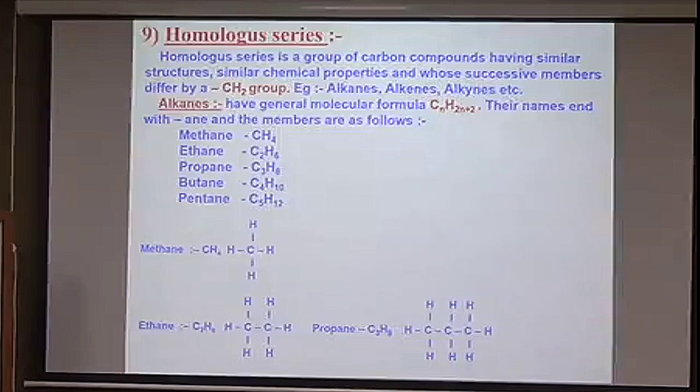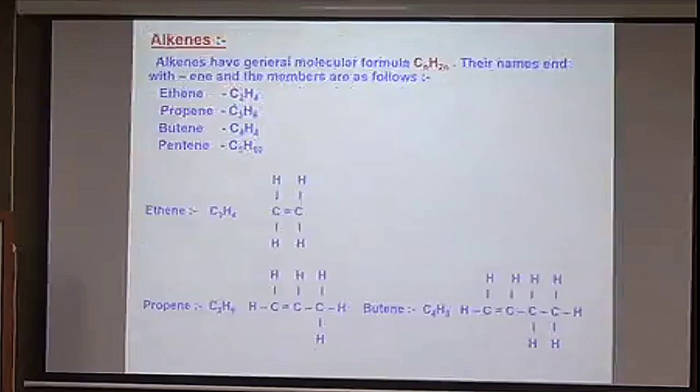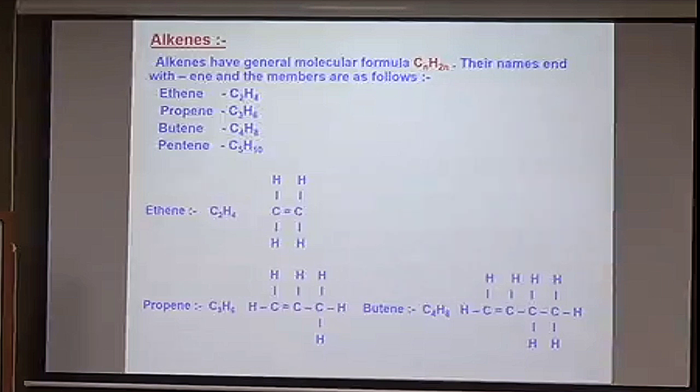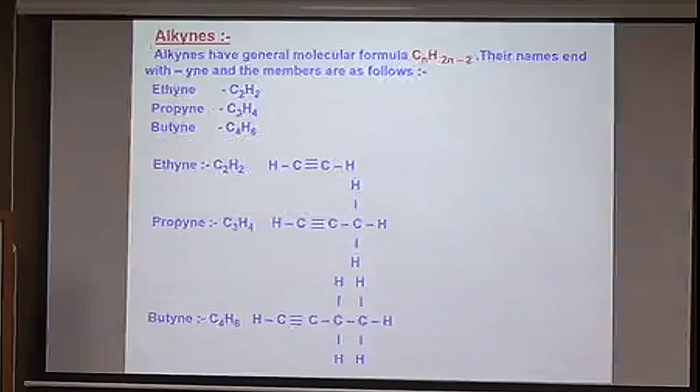So this is all about the homologous series. As I said, alkenes have ethene, propene, butene, pentene. A double bond is present, so they all show similar chemical properties, but they have different physical properties. In the same way, alkynes form a different homologous series having a triple bond, showing similar chemical properties.